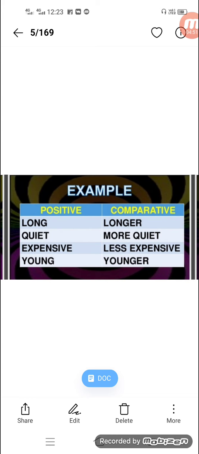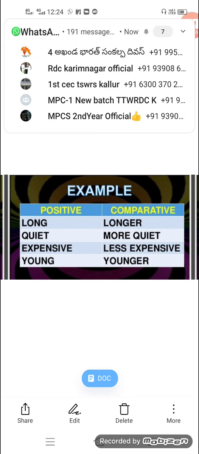Whenever there are two syllables in a word, we generally use more in comparative degree. Expensive is trisyllabic, that's why we need to use more. Young is a monosyllabic adjective, that's why we add er to the adjective.